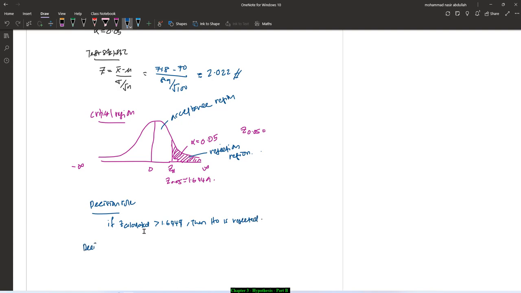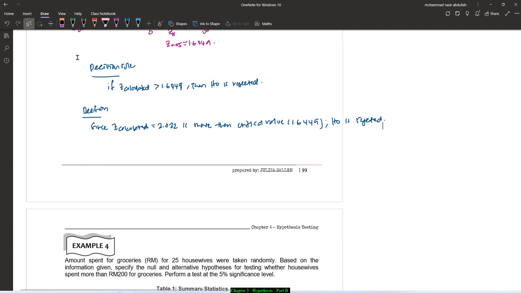So our decision here: Z calculated is equal to 2.022, which is more than the critical value of 1.6449, so the null hypothesis is rejected. Then we need to do a conclusion. So what is our conclusion?